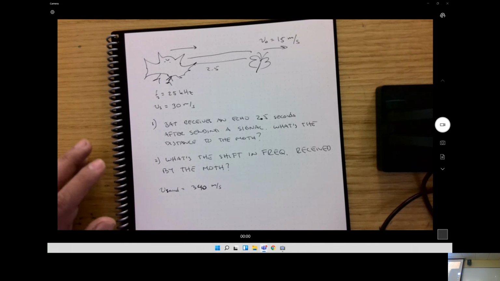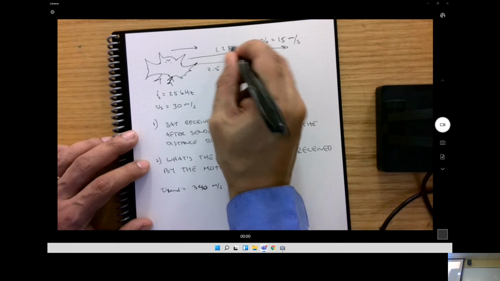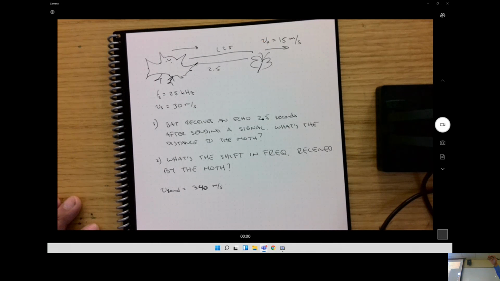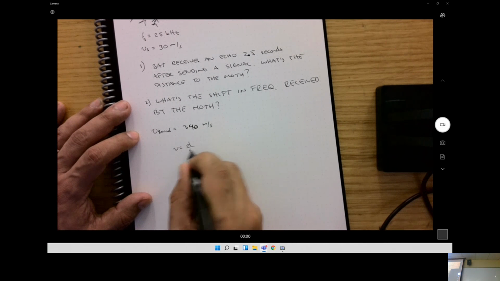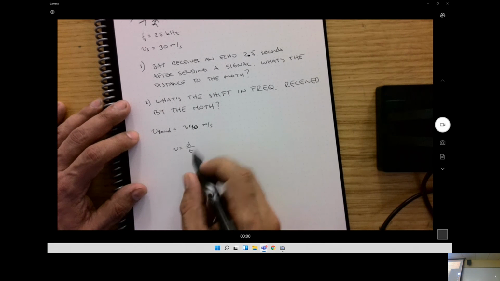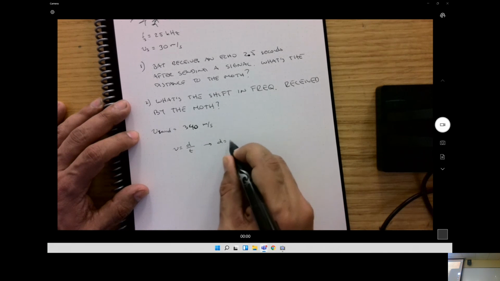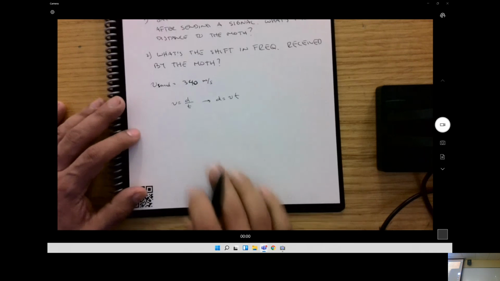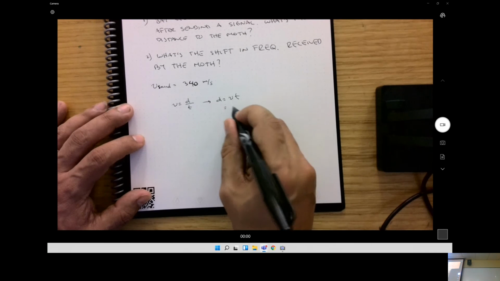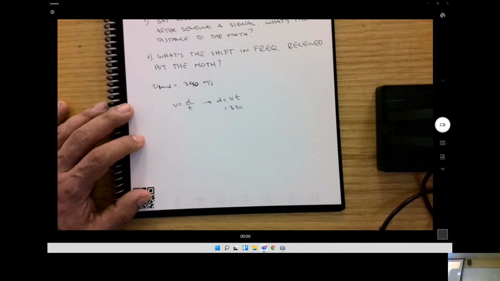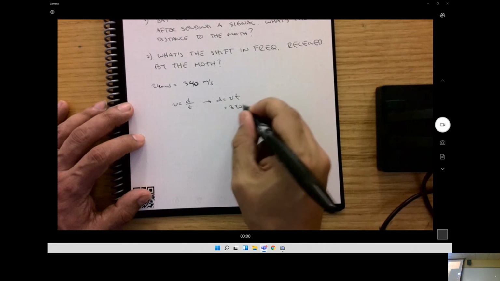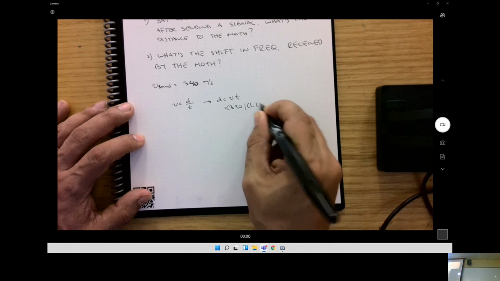So 2.5 divided by 2 is 1.25 seconds to go up and 1.25 seconds to go down. We know that velocity is distance divided by time, so the distance will be just velocity multiplied by time. This will be the speed of sound, the pulse of sound that is traveling, multiplied by 1.25.